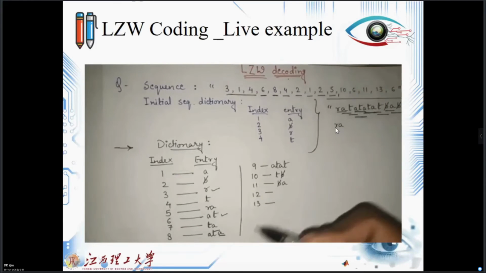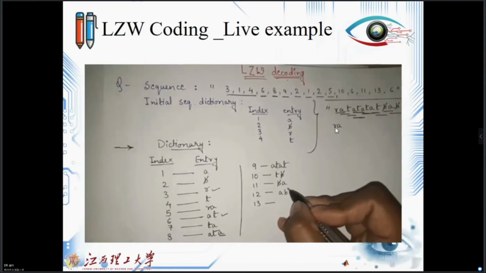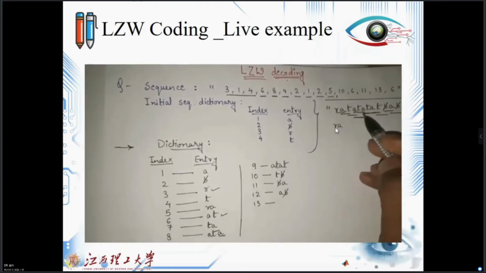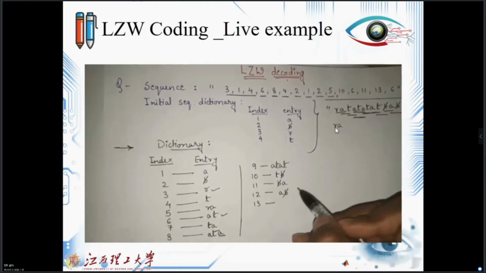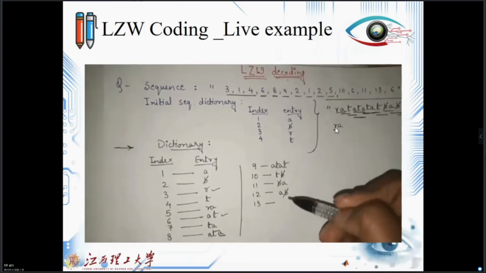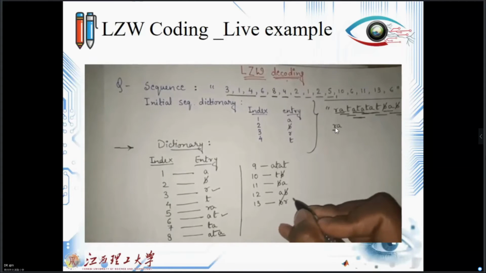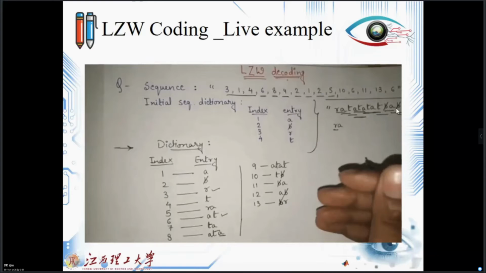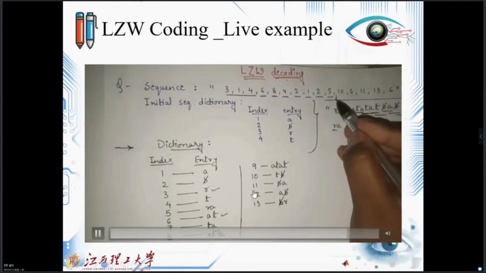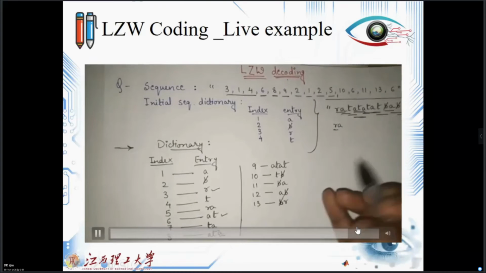No, we can put it there. B blank R is also not there. We can put it and finish. Then we can just again assign the index to the dictionary that we had. Let us see.